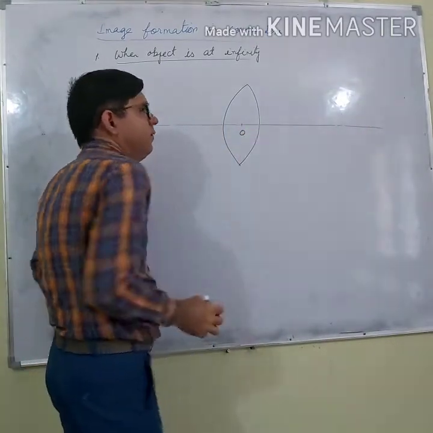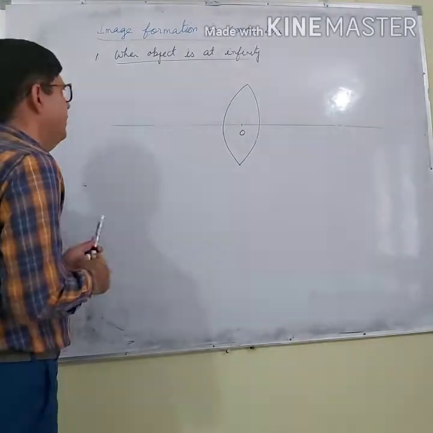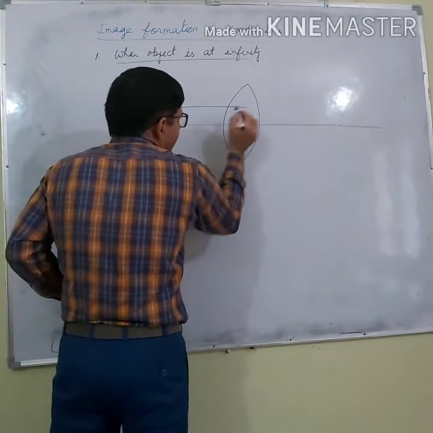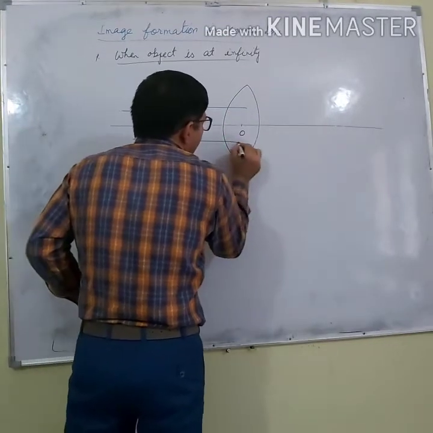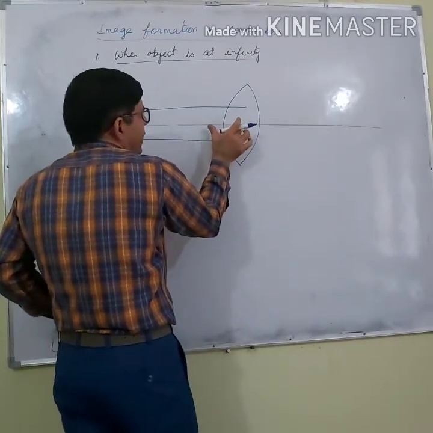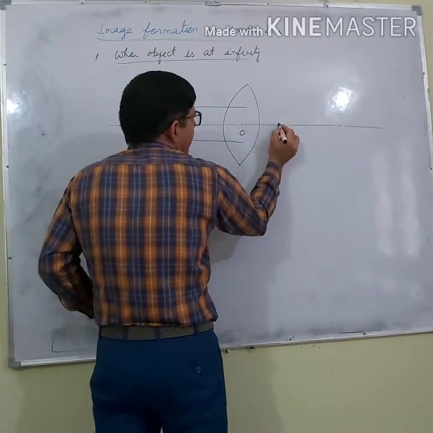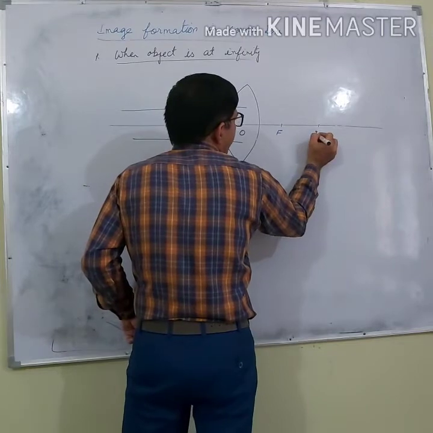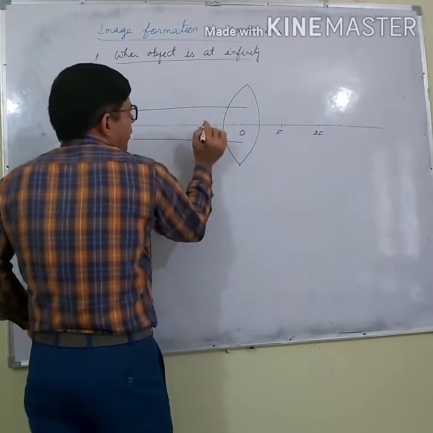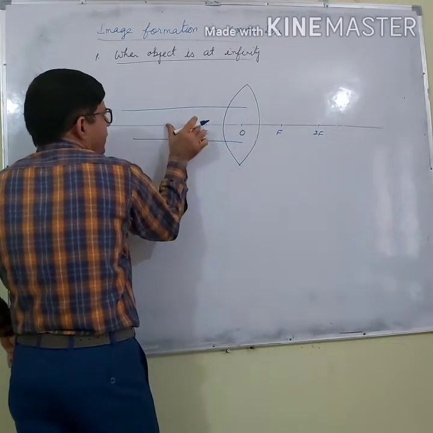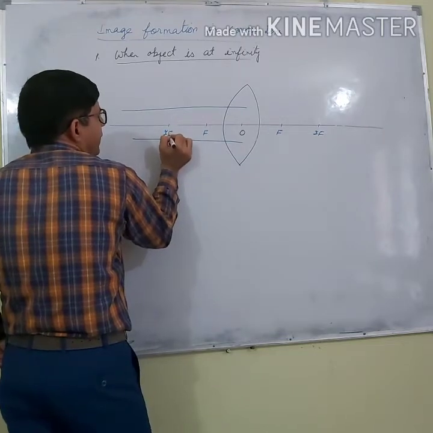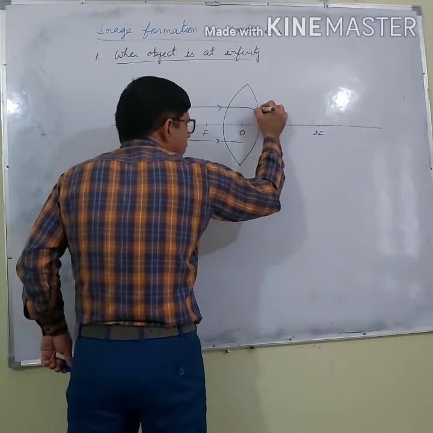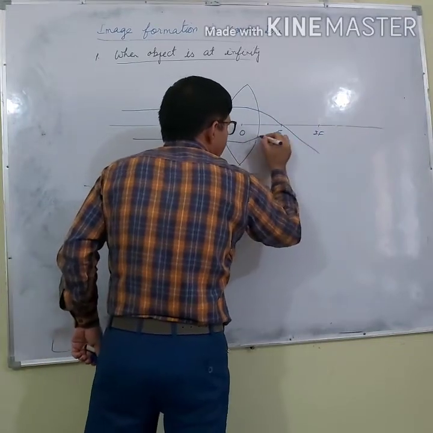This point is optical center. What is the meaning that object is at infinity? It means the rays of light are parallel to one another. Before that, mark point F at 3 centimeter, again 2F at 3 centimeter, mark F at 3 centimeter, again 2F at 3 centimeter. So what will happen? It will pass through focus.